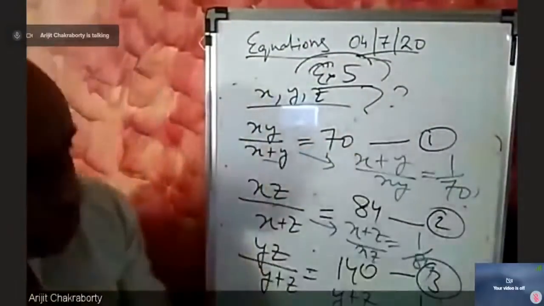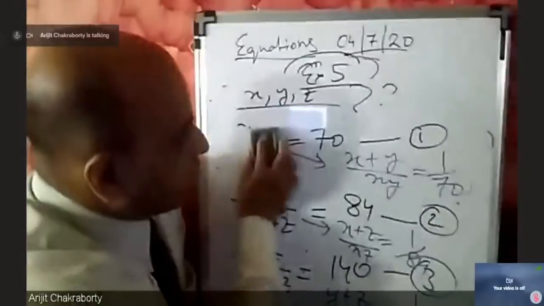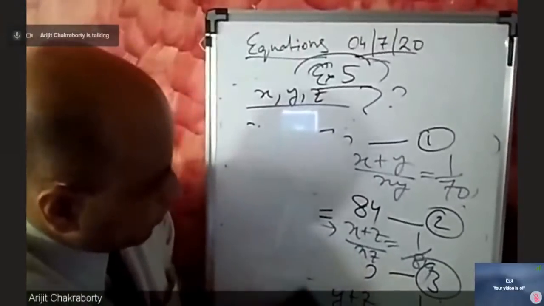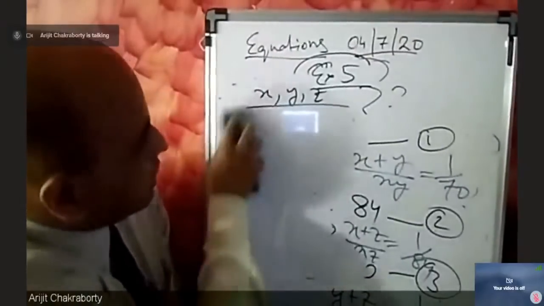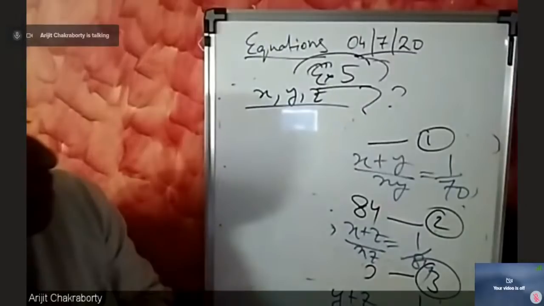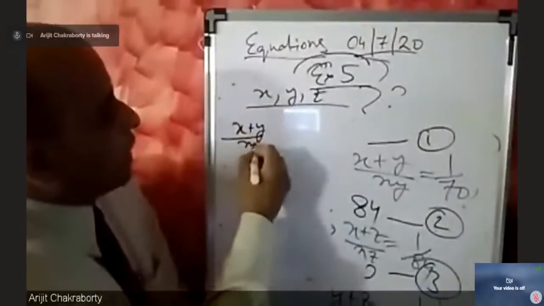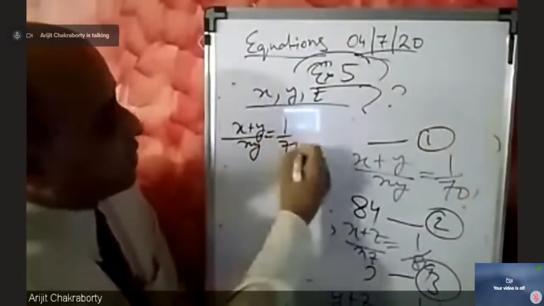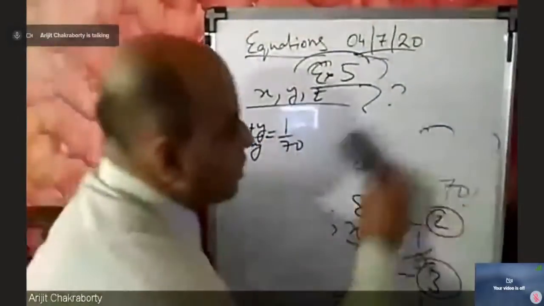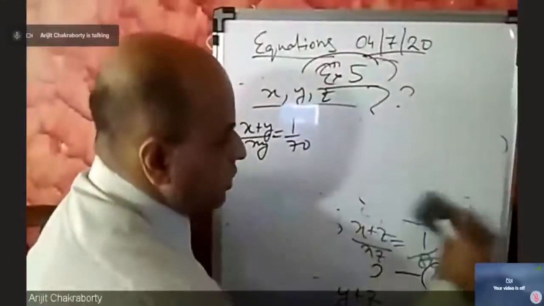I'm rubbing this, we will just note this blue part. Let us write this here. So we had x plus y by xy equal to 1 by 70. First equation.